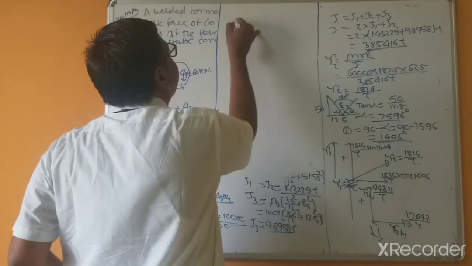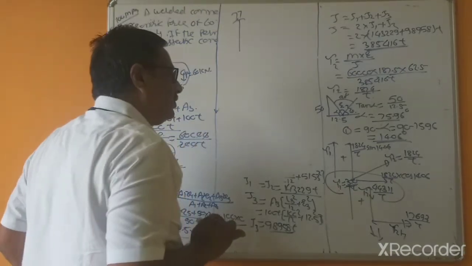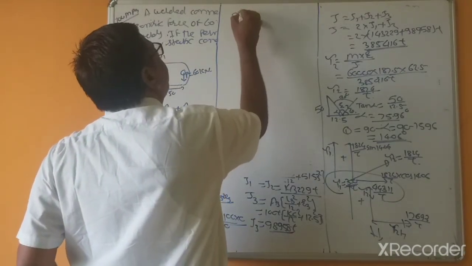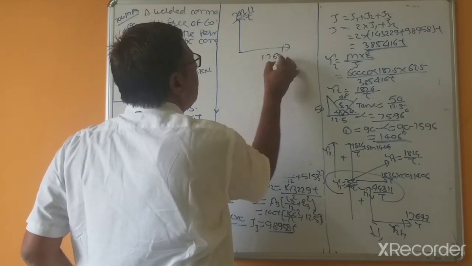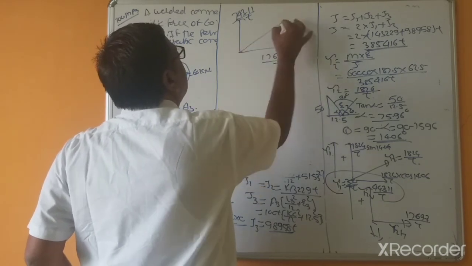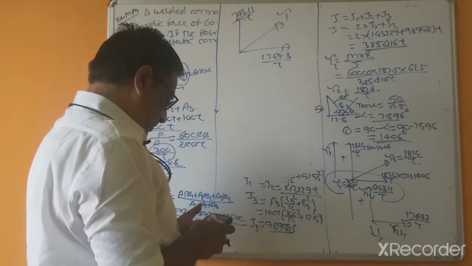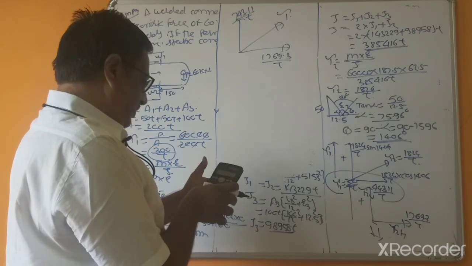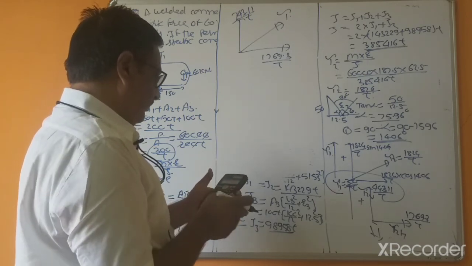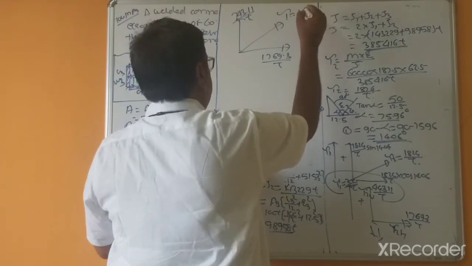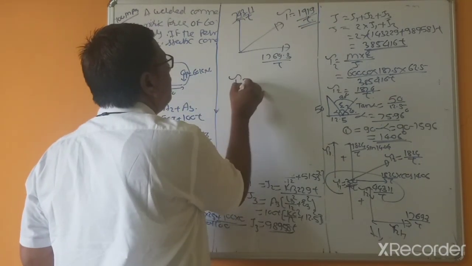This becomes 743.11 divided by T, and 1679.3 divided by T. Now this is the shear stress resultant: square plus 743.11 squared, under root. I got 1919 divided by T.